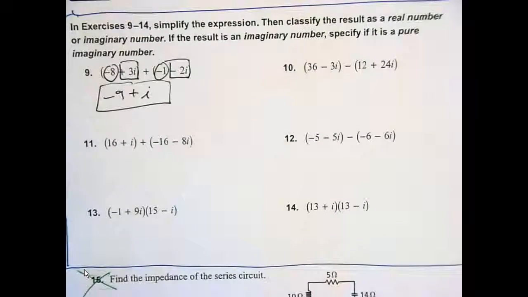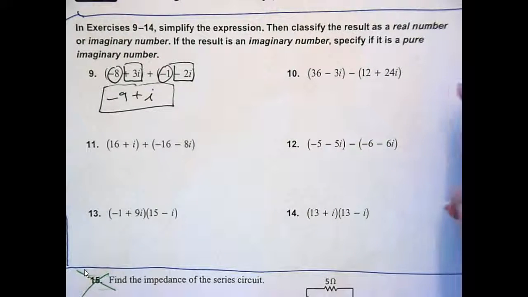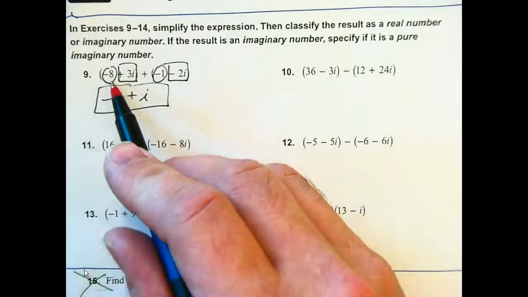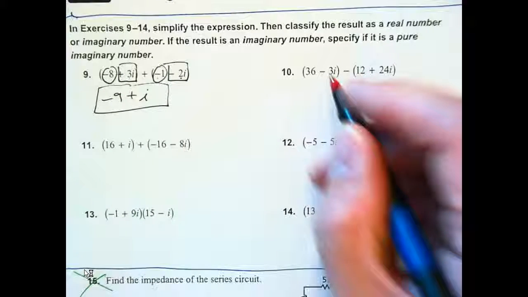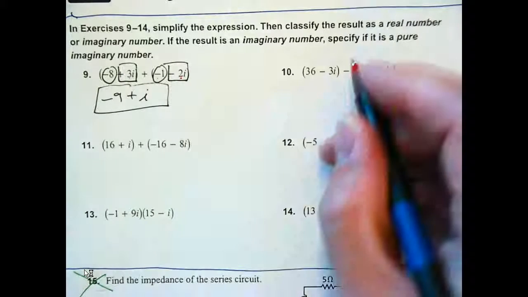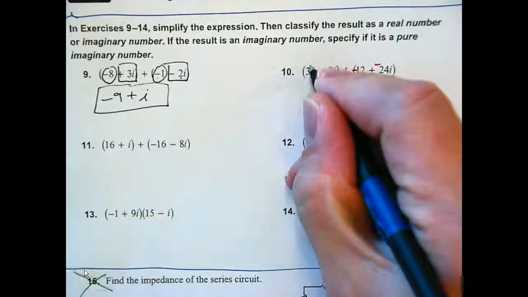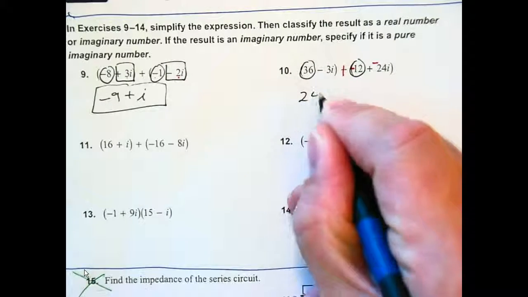All right. Good? Yeah? No? Okay, so just combining your real part to real part, imaginary to imaginary. So in this one, I'm subtracting now. Mine usually works better in addition, so I'm going to change that to plus and distribute: 36 minus 12, or 24.